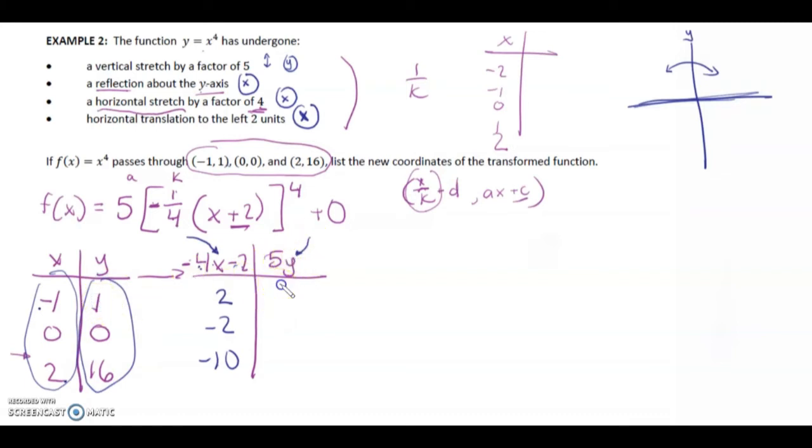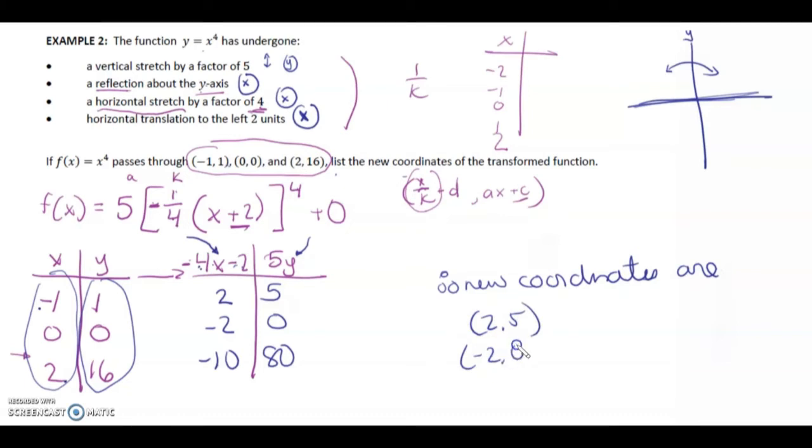So 1 times 5, 0 times 5, and 16 times 5. That's one for the calculator. Here we go. So, list the new coordinates. Therefore, new coordinates are (2, 5), (-2, 0), and (-10, 80).